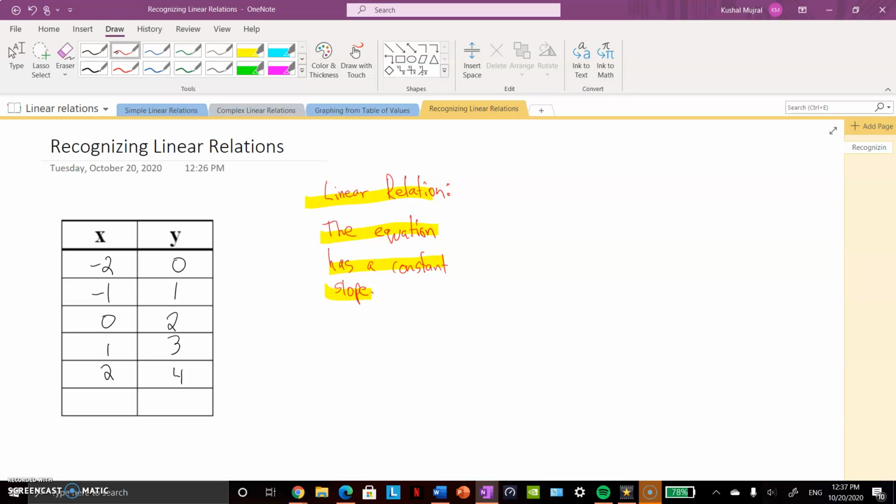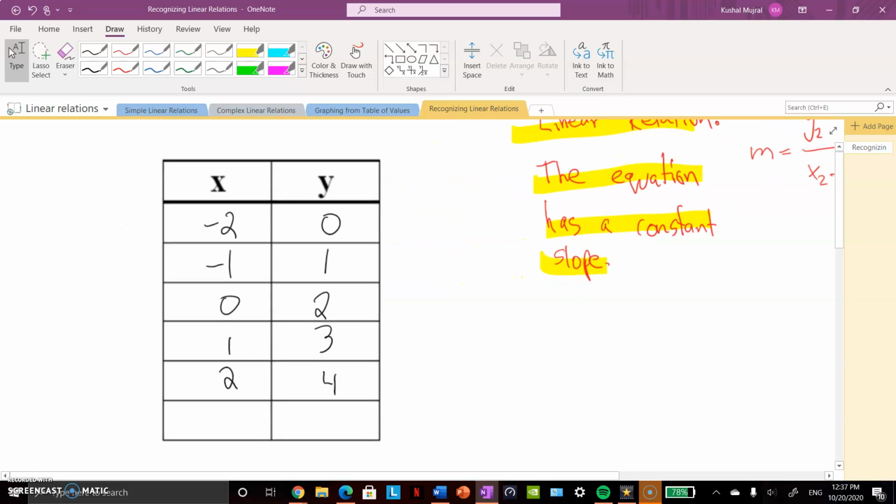A slope is the change in y divided by the change in x. Let me show you what that means: y2 minus y1 over x2 minus x1. That's your slope. Slope is also written as m. Let's take a look at this question over here.